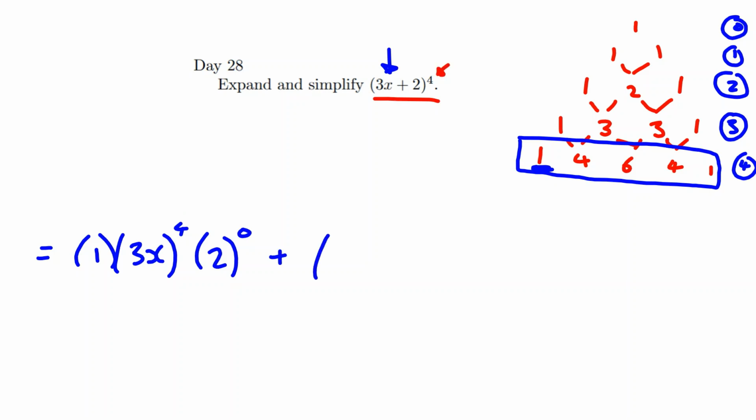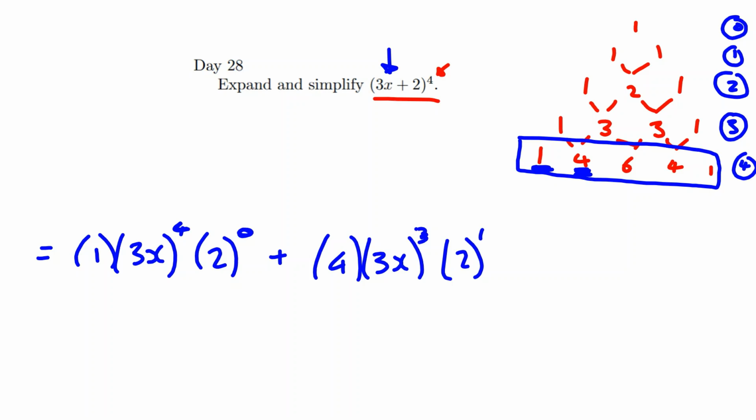We then add, and we're going to start again with that coefficient, so 4. We're going to take our first term 3x, but this time we're going to drop one of the powers. So it was 4 on the first one. Now we're dropping it down to a 3. And we're going to take our 2, and this time we're going to raise it by a power, to the power of 1.